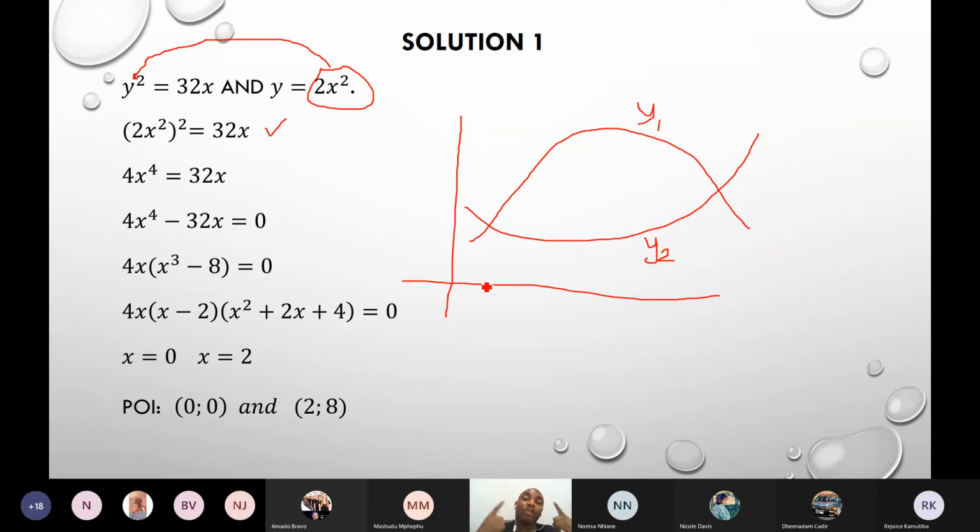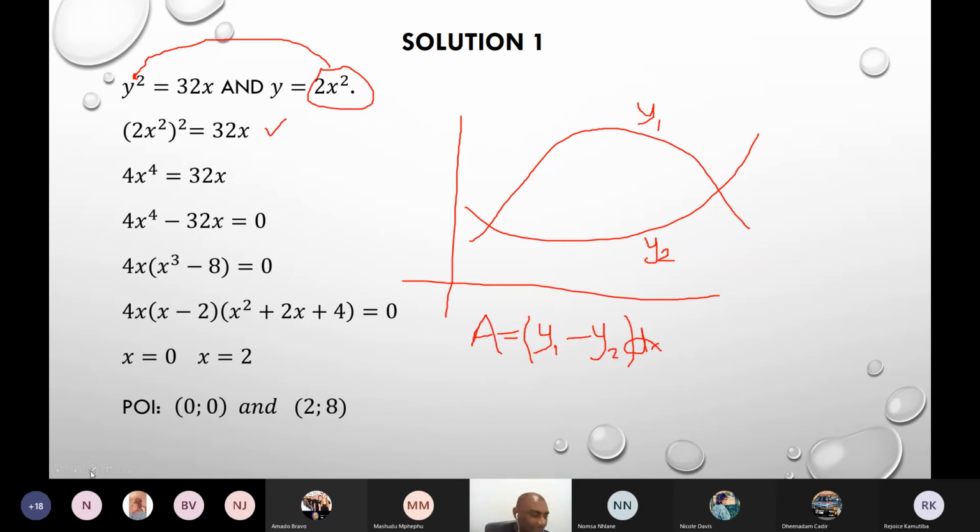If I put y1 at the top, then my formula for area will be equal to y1 minus y2, with respect to x. If it's volume, it will be pi times y1 squared minus y2 squared.